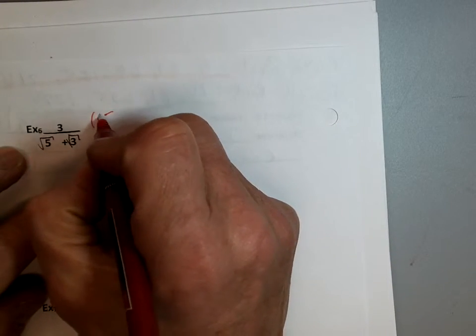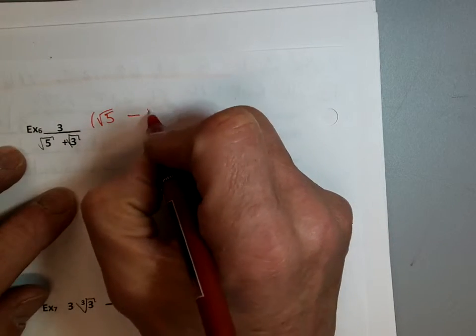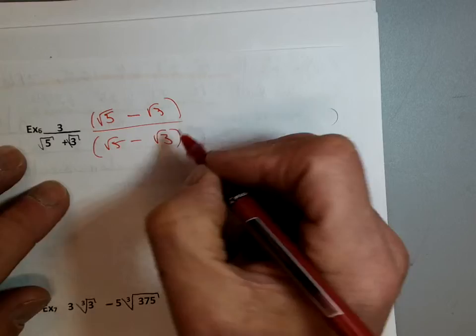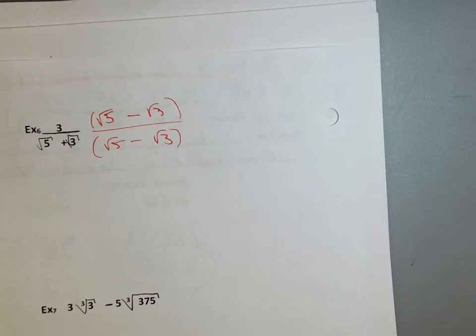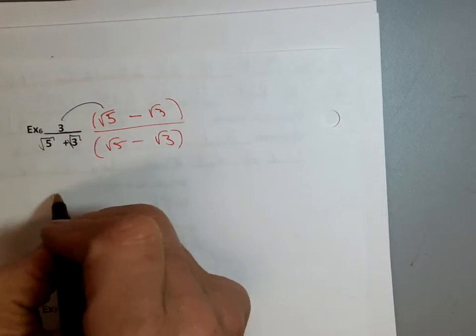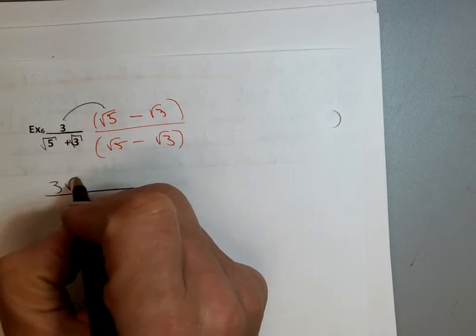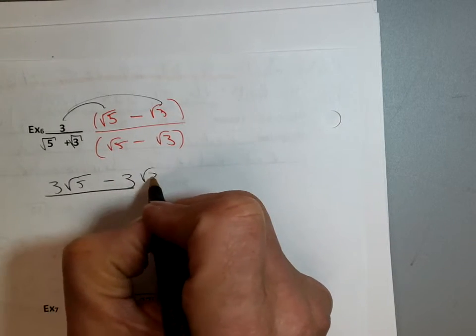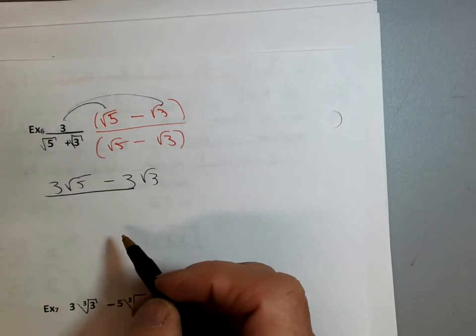Square root of 5 minus the square root of 3, right? All right. This times this, 3 square roots of 5, minus this times this, minus 3 square roots of 3, over. All right.